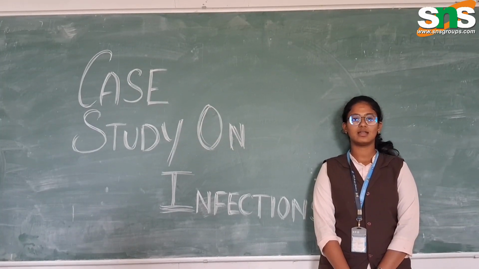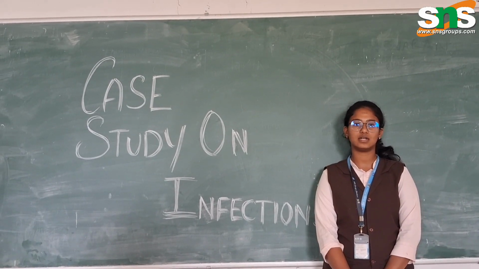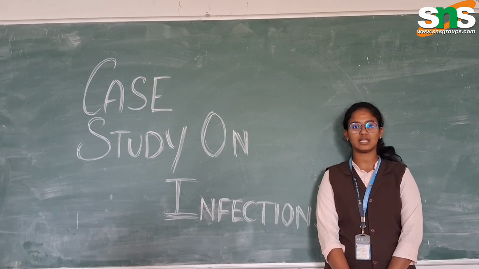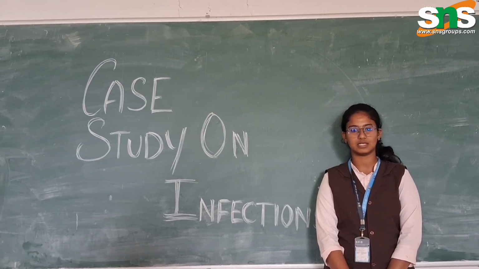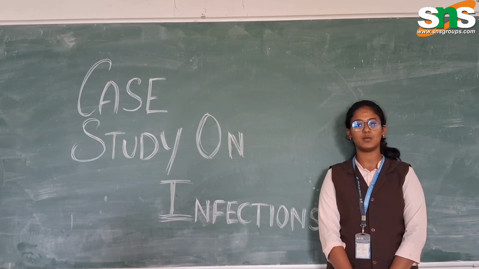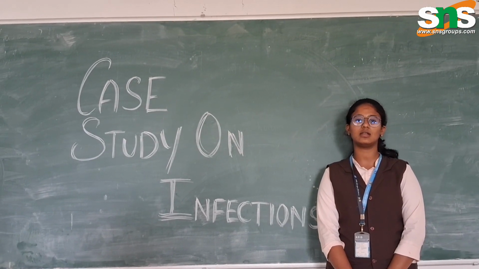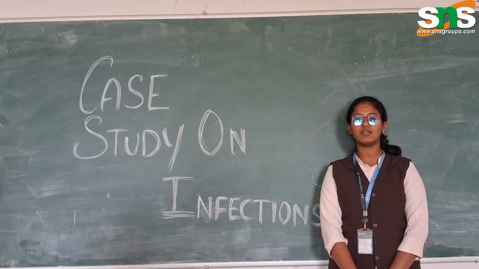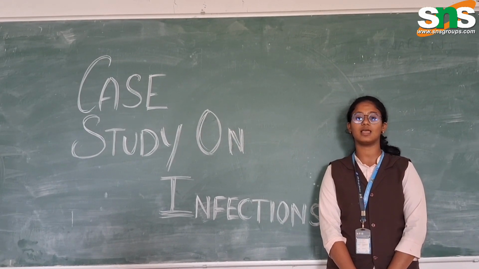Patient details: Mistress Catherine, age 35 years, gender female, occupation teacher, date of admission to the hospital 10 May 2026. Chief complaints: the patient came to the hospital with burning sensation during urination, frequent urination, lower abdominal pain, fever for 2 days, and cloudy, foul smelling urine.